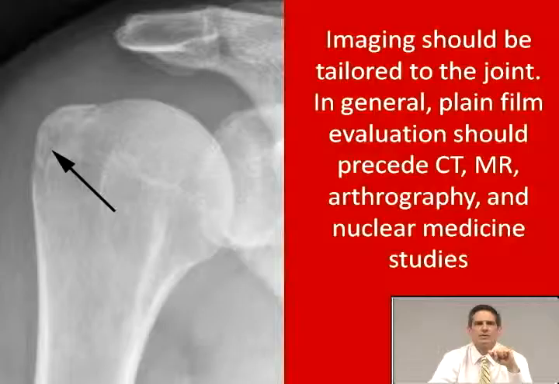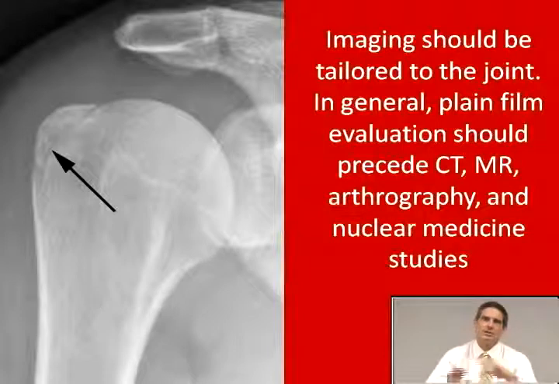Okay, so that being said, the other major point of this talk, and again, this is kind of a diffuse point, is that imaging you have to tailor to the joint. In general, you're usually going to start out with a plain film because that is tradition and convention.